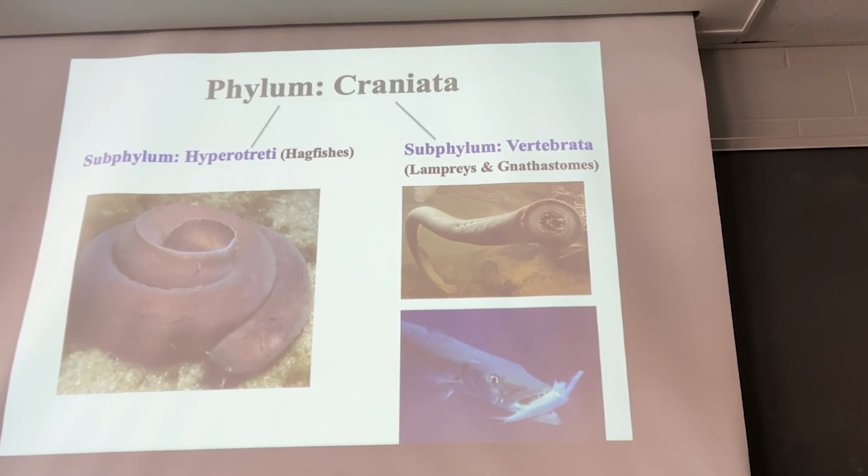They suction onto a fish using these huge teeth to open up a wound. Then they rasp a sore, and release an anesthetic, an anticoagulant, and proteolytic enzymes that keep the wound festering, and they just suck the fish dry.